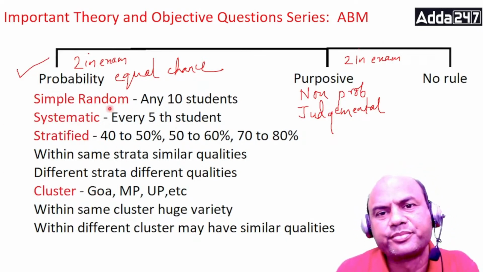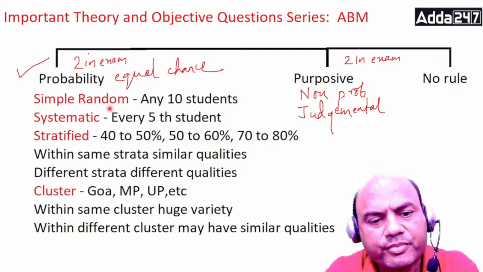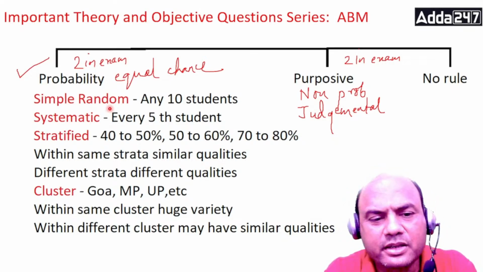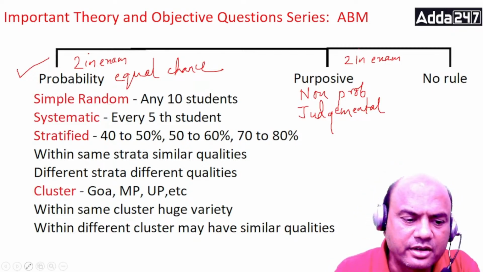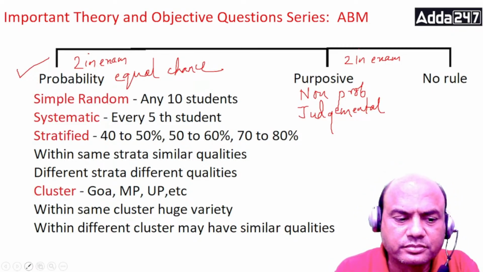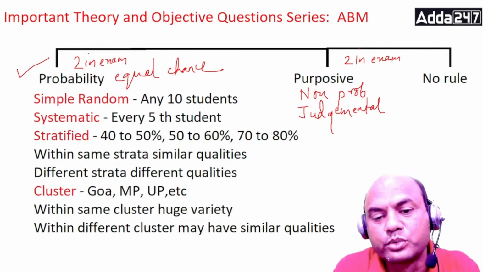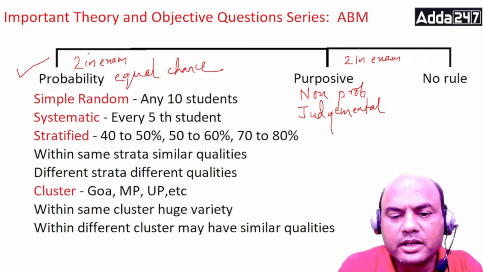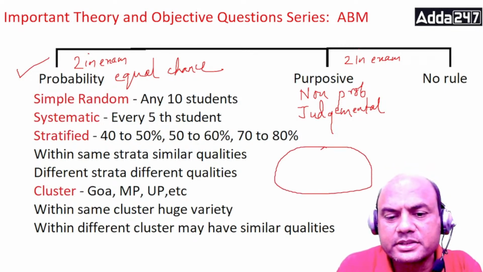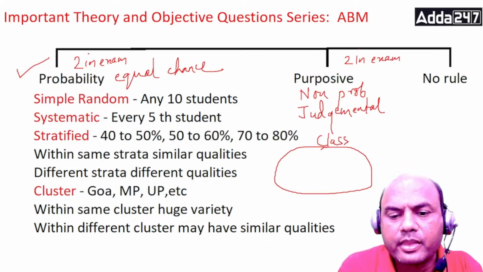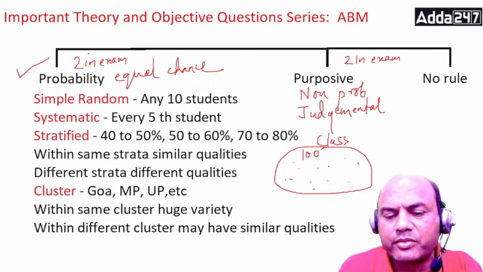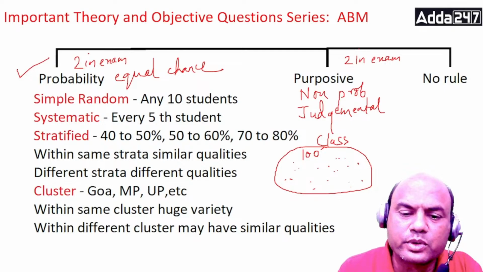What is all this? Simple random means what? Here I'll give a simple example. There are 100 students in a class, spread here, there, everywhere.